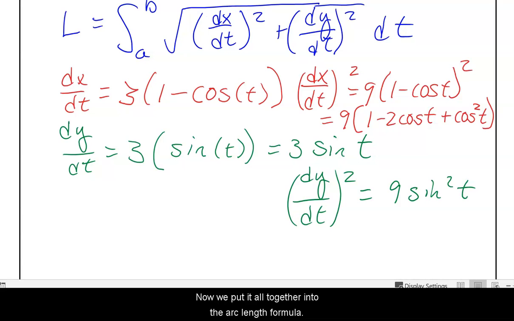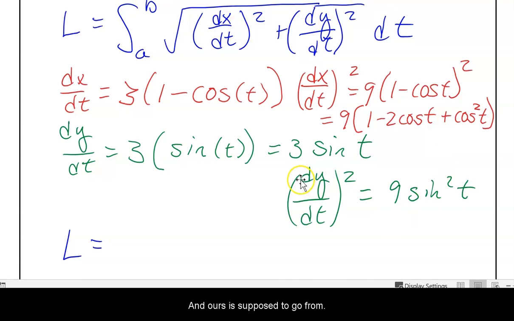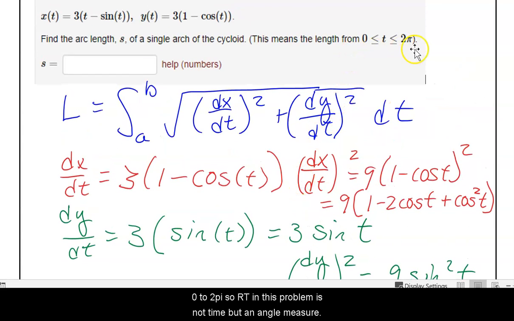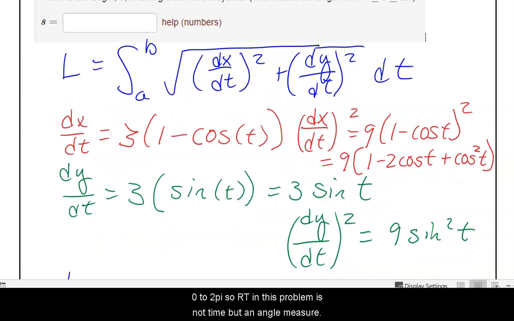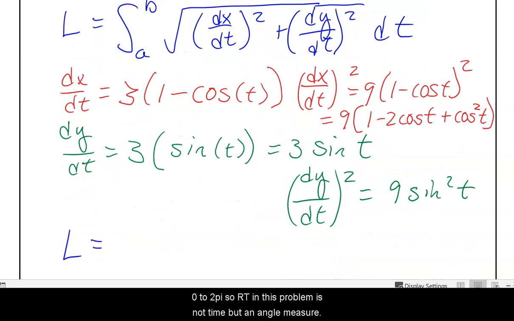Now we put it all together into the arc length formula. Ours is supposed to go from 0 to 2 pi. So our t in this problem is not time, but an angle measure, which is a fairly common thing.